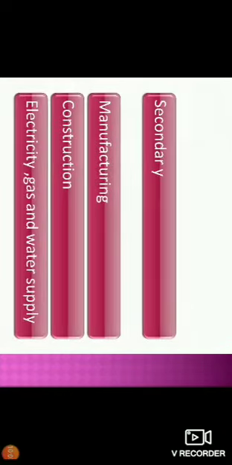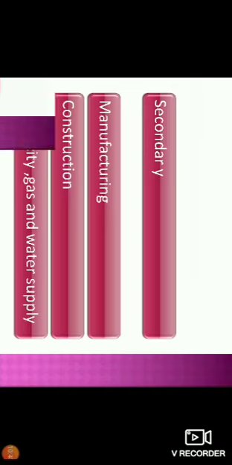And in the secondary sector, we have 3 important subdivisions, that is manufacturing, construction, electricity, gas and water supply. In manufacturing, we have 2 subdivisions, registered manufacturing and unregistered manufacturing. And in construction, we have pakka and kacha constructions. These are the subsectors of the secondary sector.